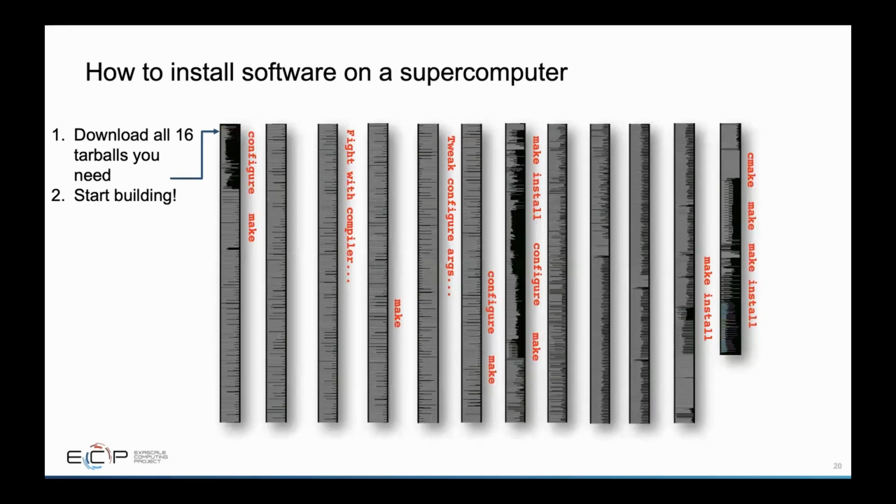You configure, you make, you fight with the compiler, you tweak the configure arguments, you again fight with the configure scripts, make it. And once you get all of these assembled, then you run your application, which depends on all these different packages, and then it segfaults. And then you start all over again. And it's a very frustrating process where it's very hard to manage.